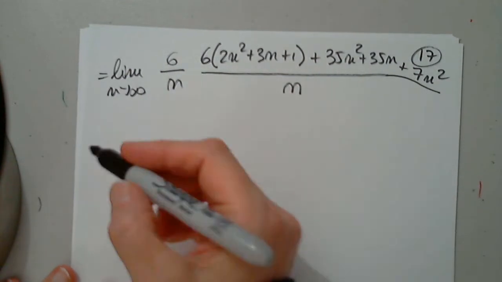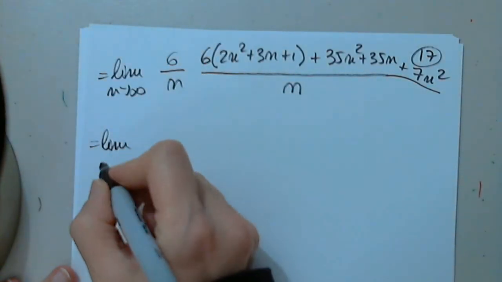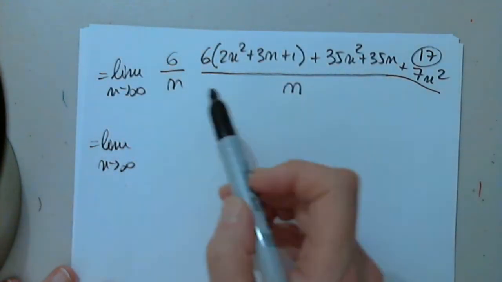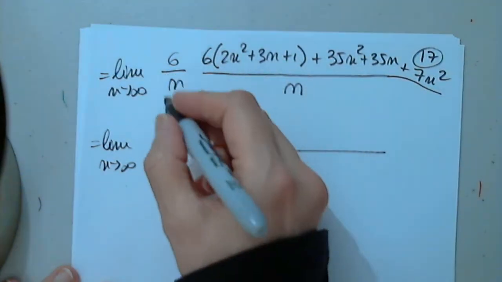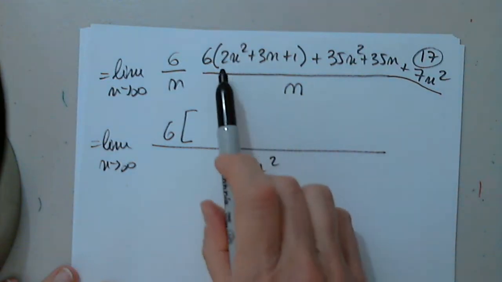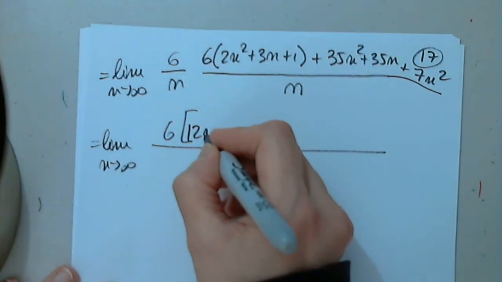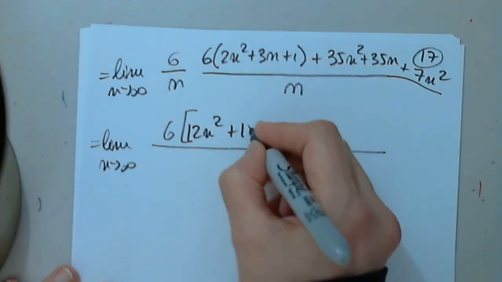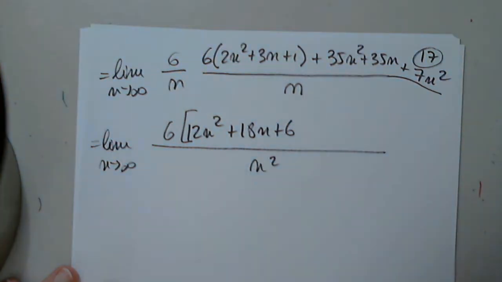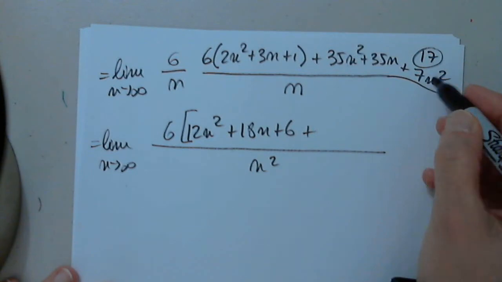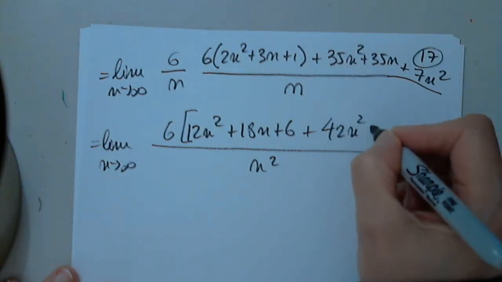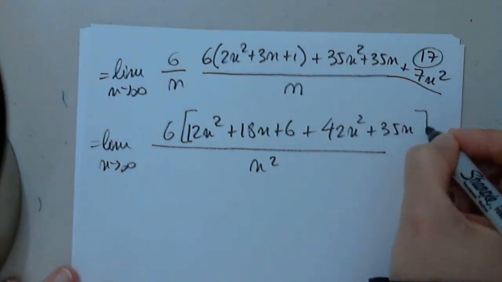Okay. Finally, almost there. N times n, n squared. 6 stays in front. 6 times 2, 12n squared plus 18n plus 6 plus 35 plus 7, 42, n squared plus 35n.